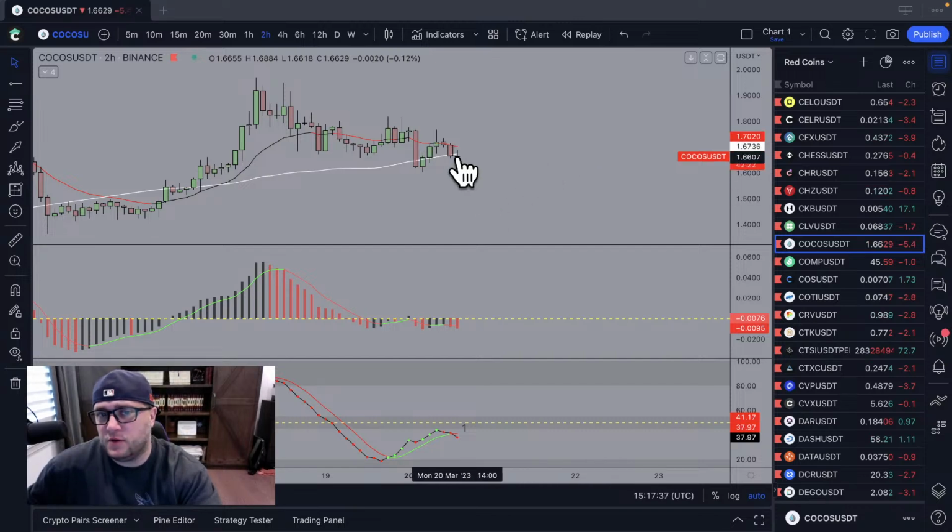A lot of people will look at this and say, hey, we're heading down, which is probably okay to do. But look at your momentum indicator. It's pointing up. So that means we're probably going to have another bottom, maybe equal or a little bit higher, and we're going to head up on Cocos with an S.